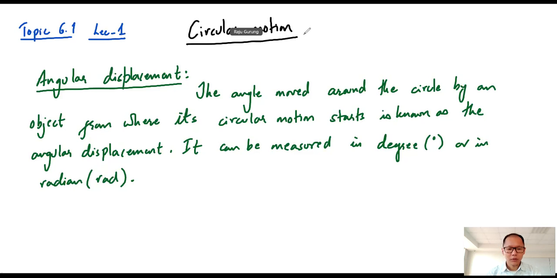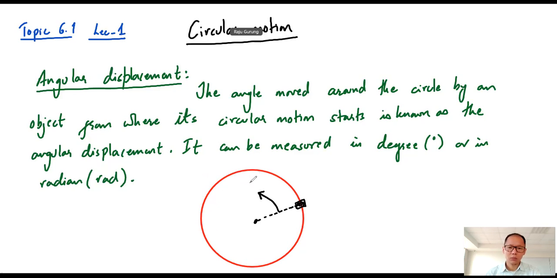Now if you take a circular path like this and assume this as the center, let's say my object is somewhere here. The angle traversed by that object in moving from one point to another point in a circle is the angular displacement.